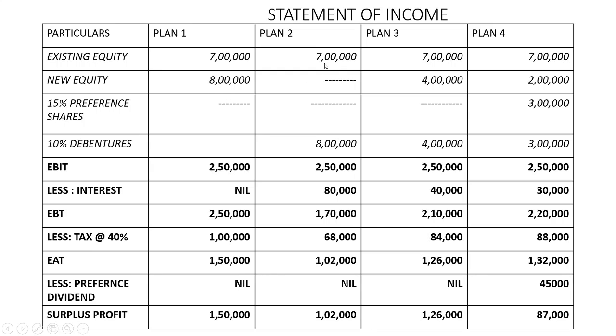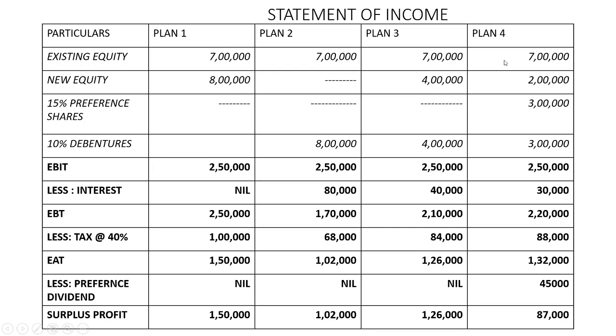In the second situation, we do not have new equity, only existing equity, that is 70,000 shares only. In third situation, existing equity 7 lakh, that means 70,000 equity shares, plus new equity 4 lakh, which means 40,000 equity shares. 70,000 plus 40,000, 1,10,000 equity shares.